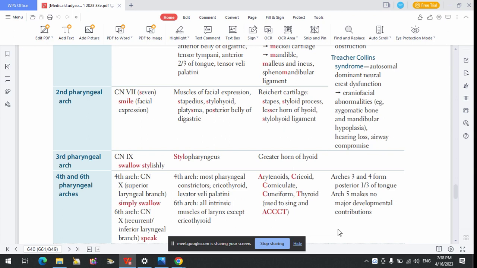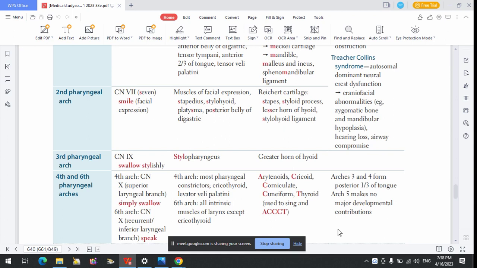Then add your levator veli palatini and the pharyngeal constrictors. If you can say these three, you are done. Pharyngeal constrictors, cricothyroid, and levator veli palatini come from the fourth, while all the intrinsic muscles of the larynx, except cricothyroid, come from the sixth.